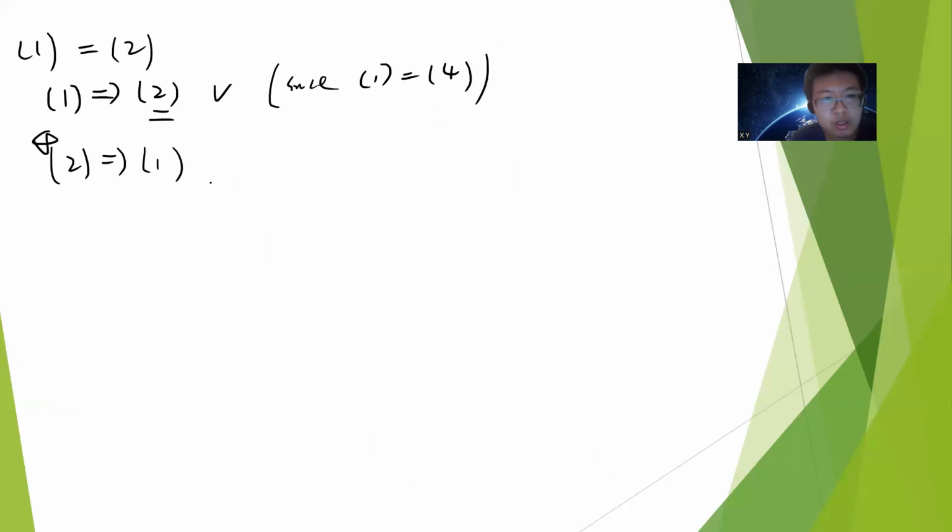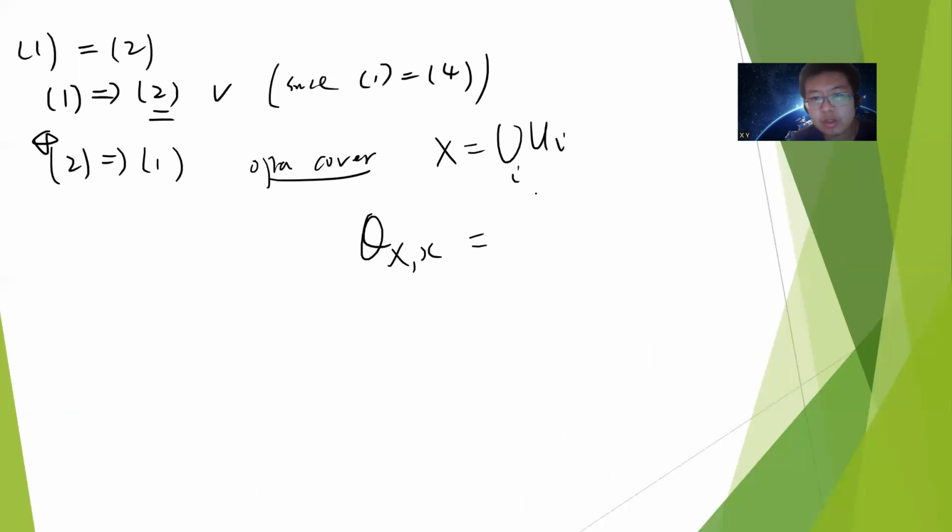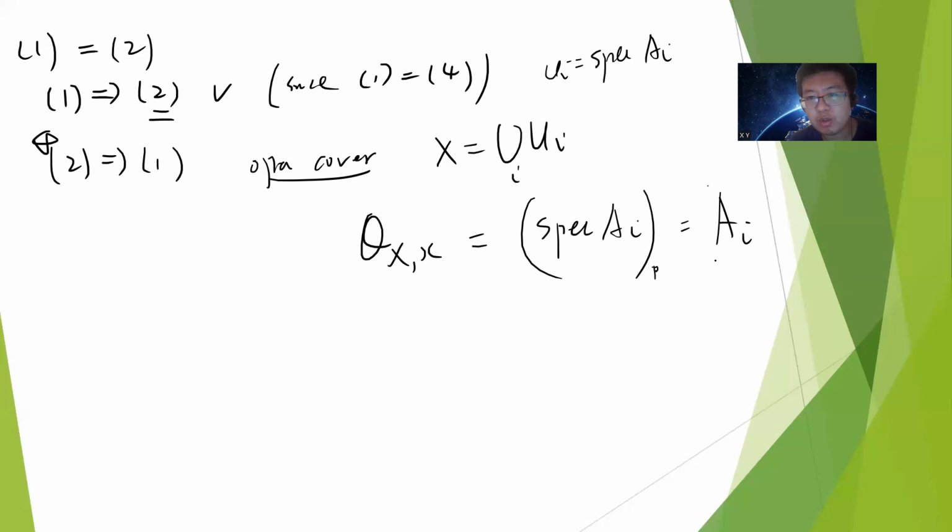Since I have an affine open cover, each U_i is a Spec of A_i. So each stalk is just a ring localized at a prime.